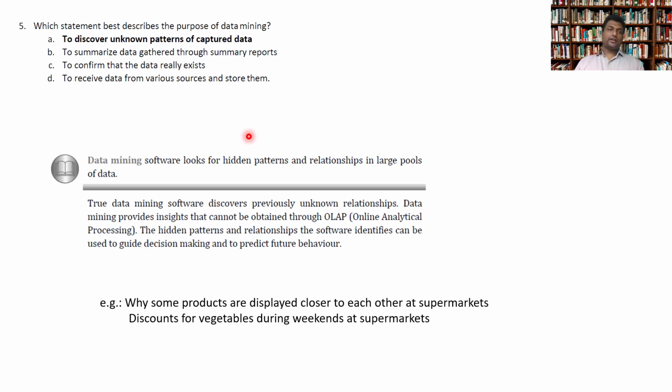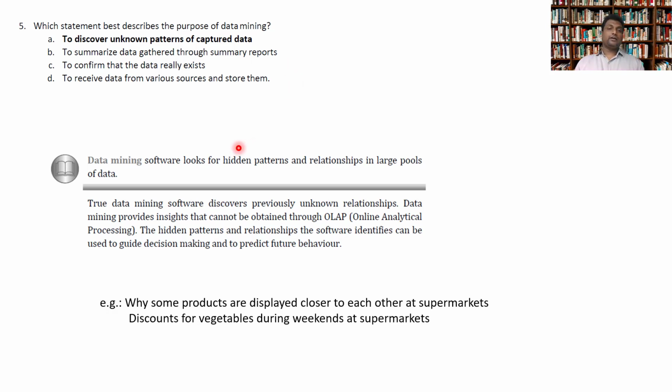So if you look at the answers, the highlighted answer says to discover unknown patterns of captured data. So that is what this data mining software can do, right? So the first answer is the correct answer, which is marked. And other answers, this is not about summarizing the gathered data using reports.